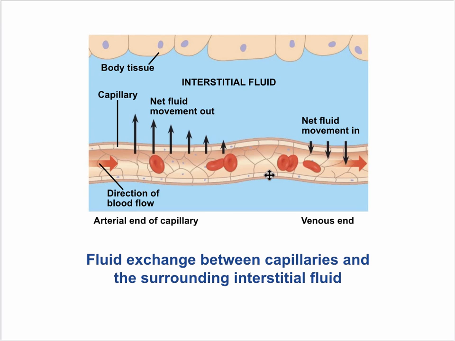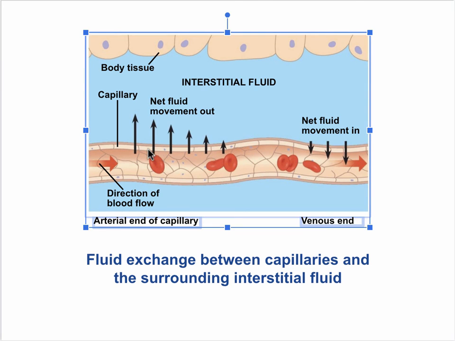And so the vessels are very narrow, just wide enough for red blood cells to flow through single file. And the walls are super, super thin so that the distance that nutrients and waste have to travel to get in or out is very short. If you have a shorter distance, you can more efficiently exchange substances across that wall.